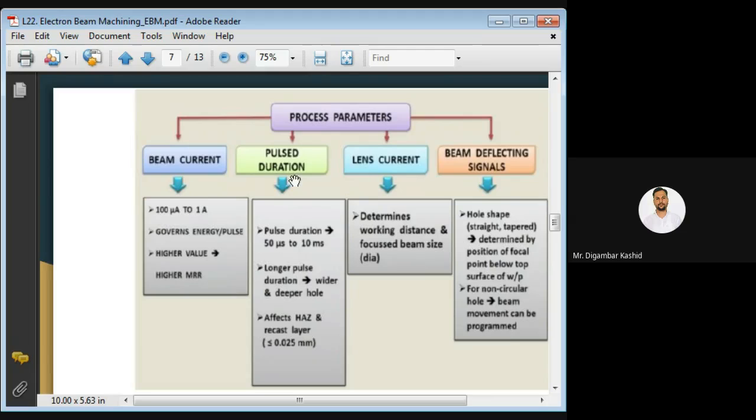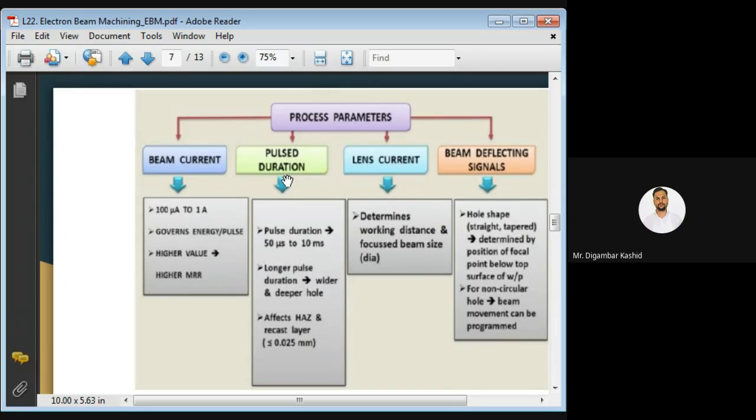Then talking about the pulse duration. The duration of the pulse varies from 50 microseconds to 10 milliseconds. A longer pulse duration will generate wider and deeper holes, because the pulse is kept on the workpiece surface for a long period of time.